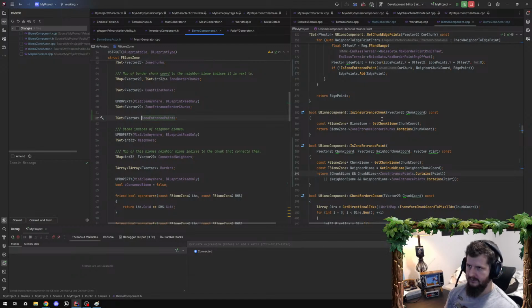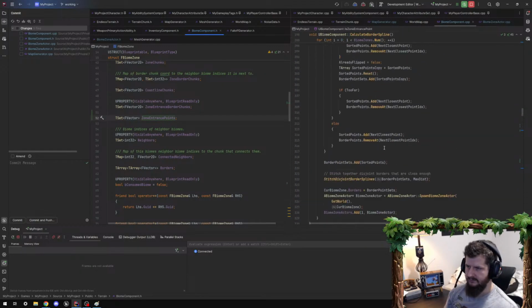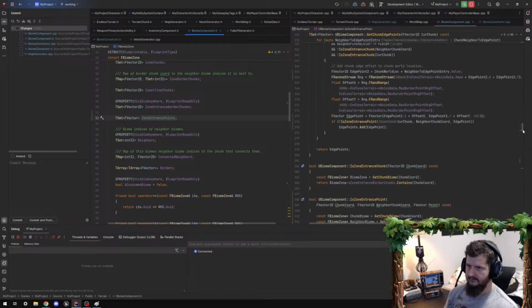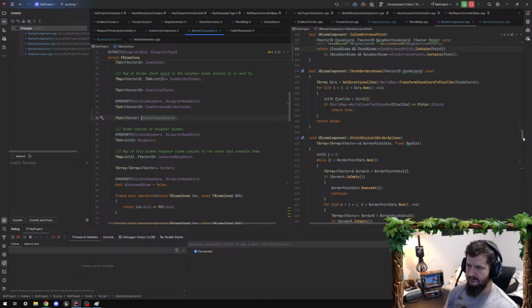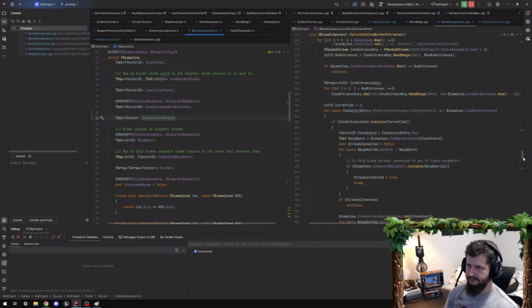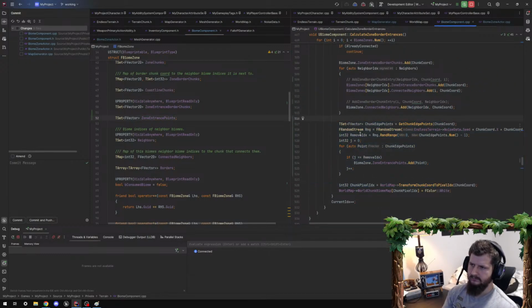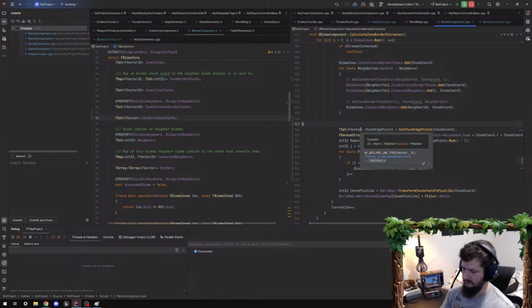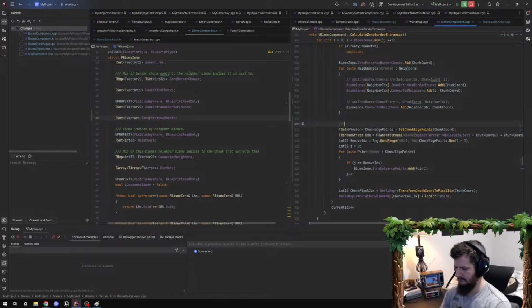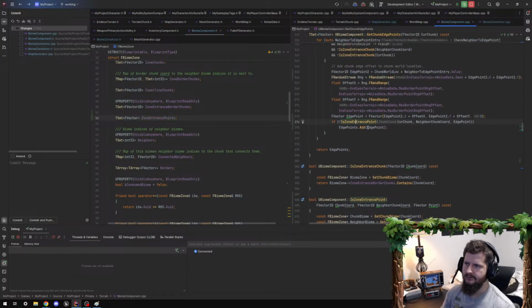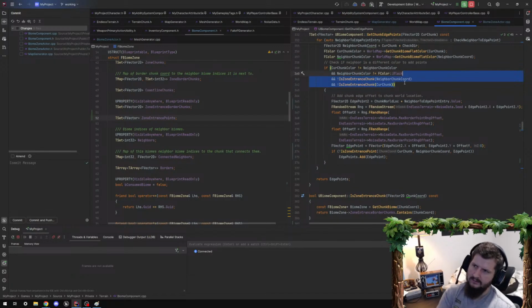It is in the zone entrance points set if it has been added here. Okay, and then I think I need to remove those. This doesn't hurt anything.